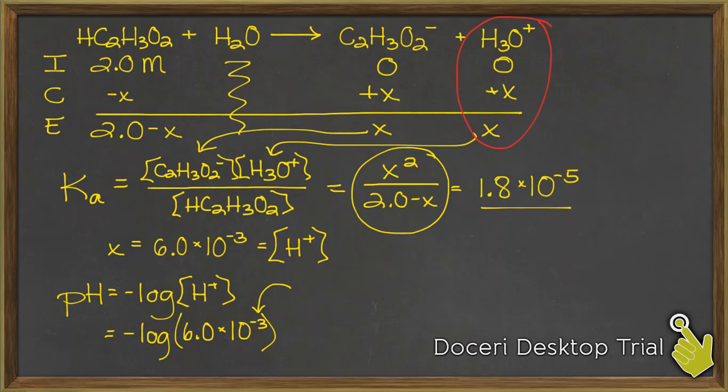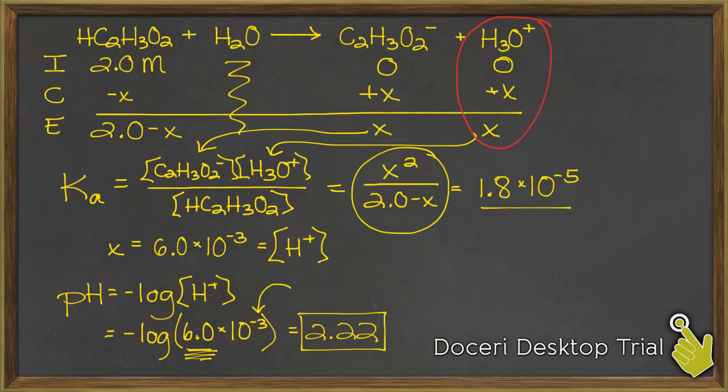But since this first term is higher than 1.0, my answer for the pH is going to be 2 point something. And if you do the math, it ends up being somewhere in the neighborhood of 2.22. Okay, if you're off by a decimal or two, no big deal.